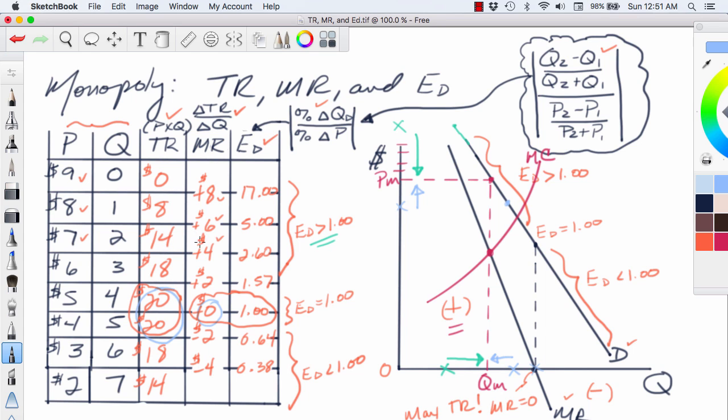Decreasing at an increasing rate. So the paradox is, if you're moving from this overproduction point here where I have a blue X, and you're moving your output rate down, your profit is increasing at a decreasing rate, but your revenue is decreasing at an increasing rate.